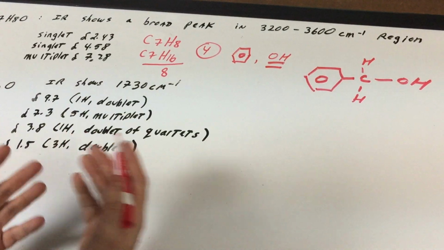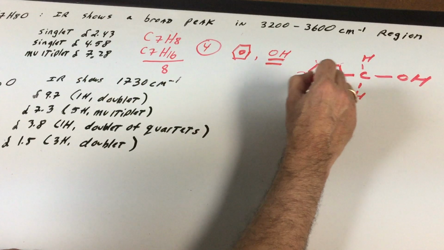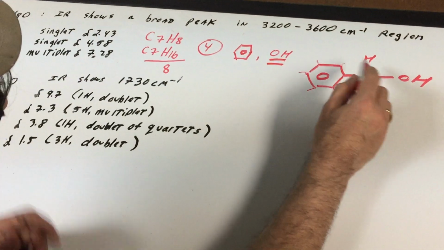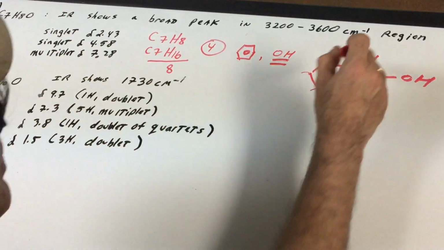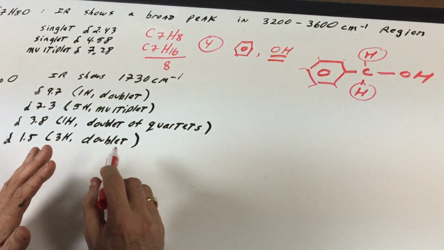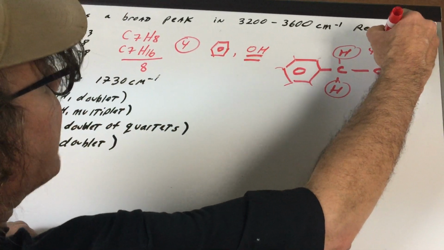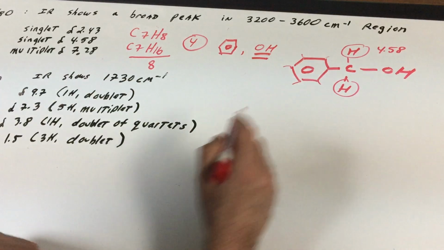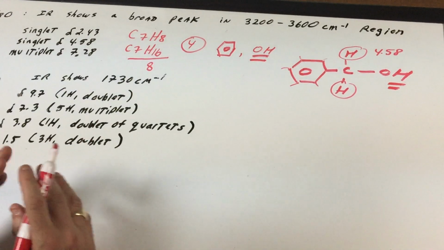Now, on the DAT exam, all you would do is check it. You would see that these 5 H's are all approximately the same, so they're going to come in at around 7.28. If you look at these two, they would give a singlet, but that singlet would be more downfield at around 4.58, and this signal is always variable. Never trust an OH group.